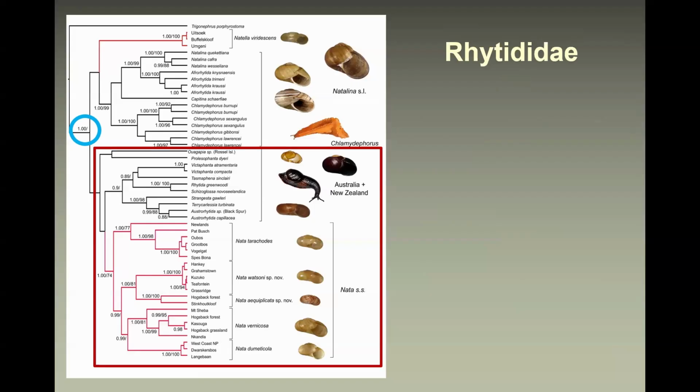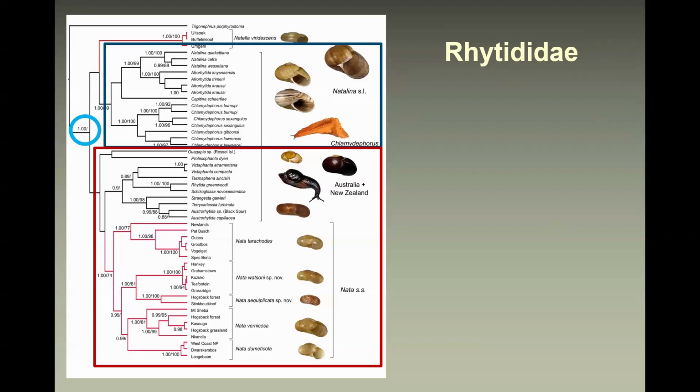but within this group as a whole, we can see we have two sections, two large groups. The Chlamydophorus and Natalina, and then Nata and the Australasian ones. And the genus Rhytida is in here, on which the family name is based.